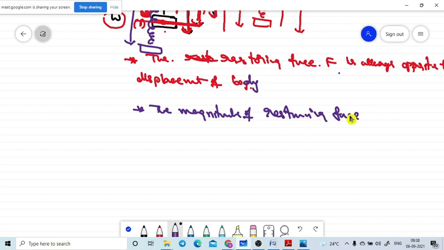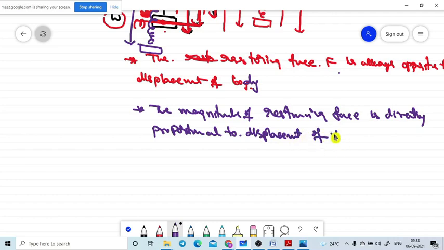So the restoring force is directly proportional to the displacement of the body. If we combine, the restoring force is denoted with the symbol F, the displacement is denoted with the symbol Y, so can we write it as a mathematical formula? F is directly proportional to Y.